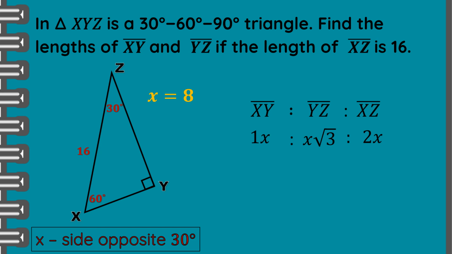Based on the given, the hypotenuse is 16. That's why segment XZ is 16. We now solve for the length of segment XY. That is, 1 times the value of x is 8. That is equal to 8. For the length of segment YZ, that is, x square root of 3, which is 8 square root of 3. Therefore, the length of segment YZ is 8 square root of 3.